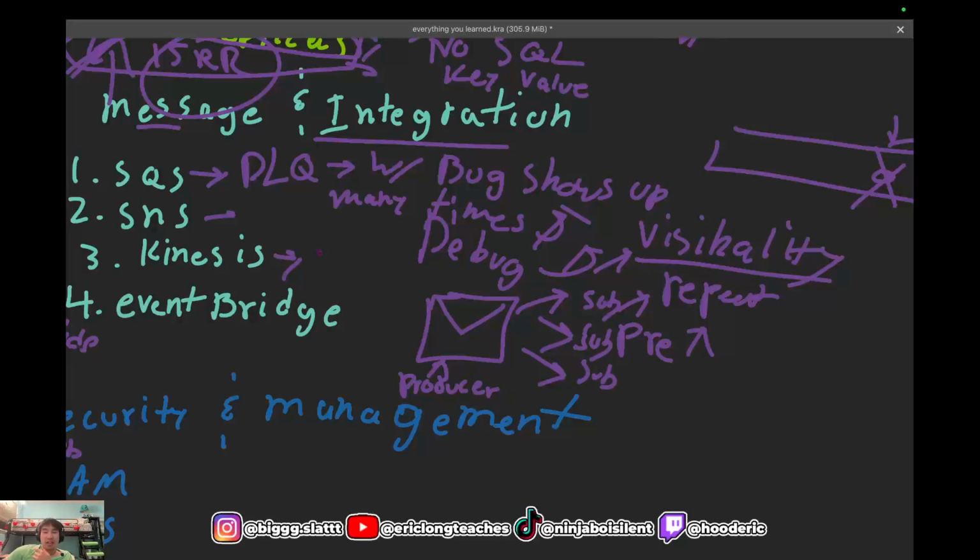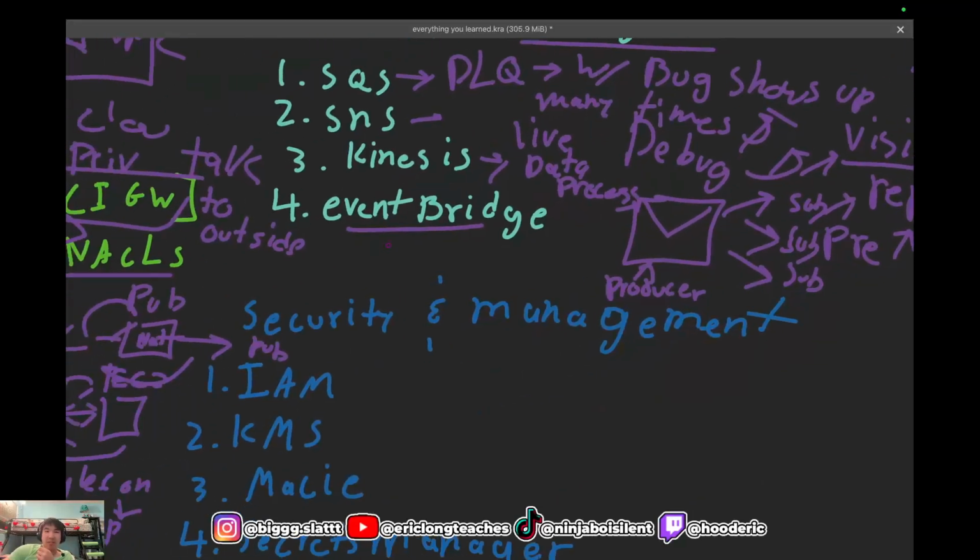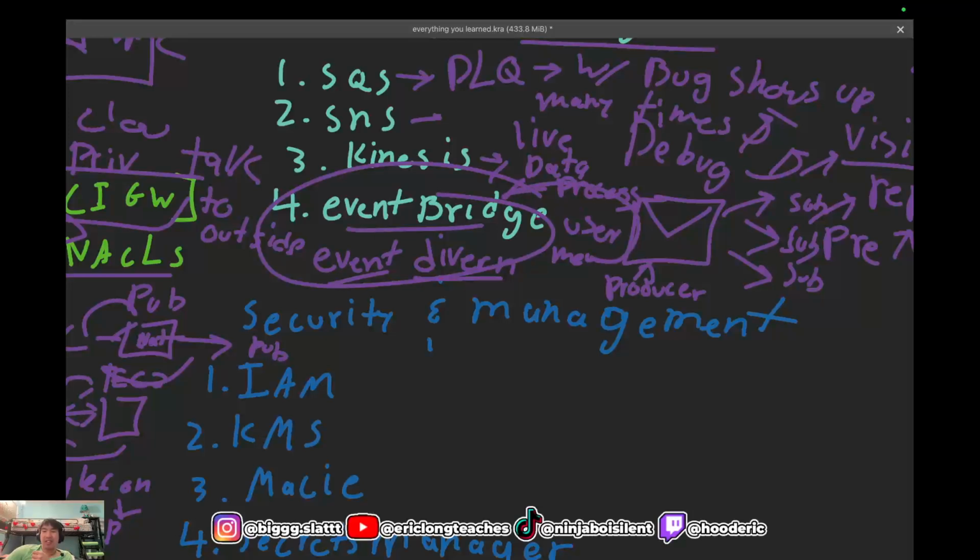Kinesis is like a live stream, live data processing. EventBridge is event driven. An example of EventBridge: let's say a user makes a new account. We could say, if a user makes a new account, then call AWS Lambda.